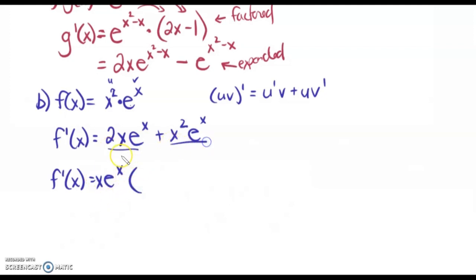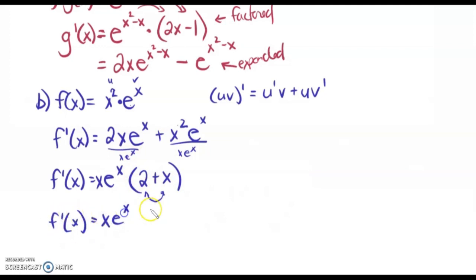If we factored out x e^x, we'd be left with 2 plus x. I would switch these around just for better form. So our answer would be x e^x (x + 2). Again, this is factored afterwards, and this is just the expanded version, simply after the product rule.